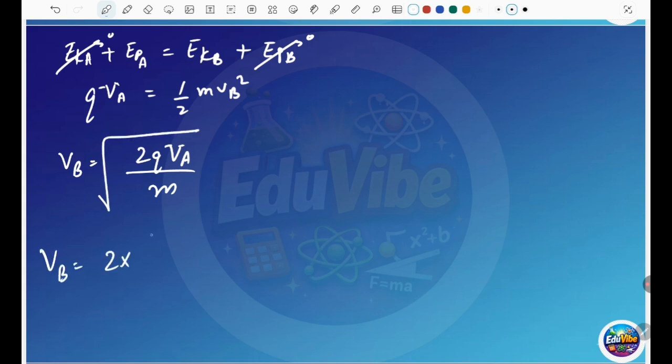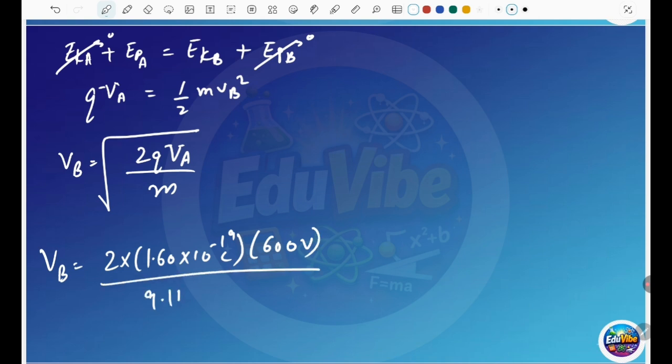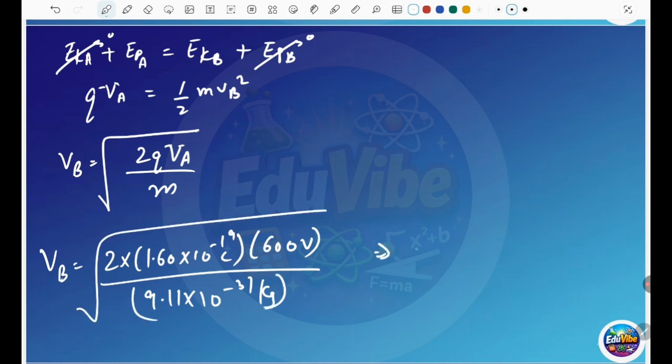So 2 times the electron's charge, 1.6 times 10 raised to power minus 19 coulombs, and the voltage given to us, VA is 600 volts, and the mass of the electron is 9.11 times 10 raised to minus 31 kg, the whole under the root. When you calculate this, you get about 1.451 times 10 raised to power 7 meters per second.